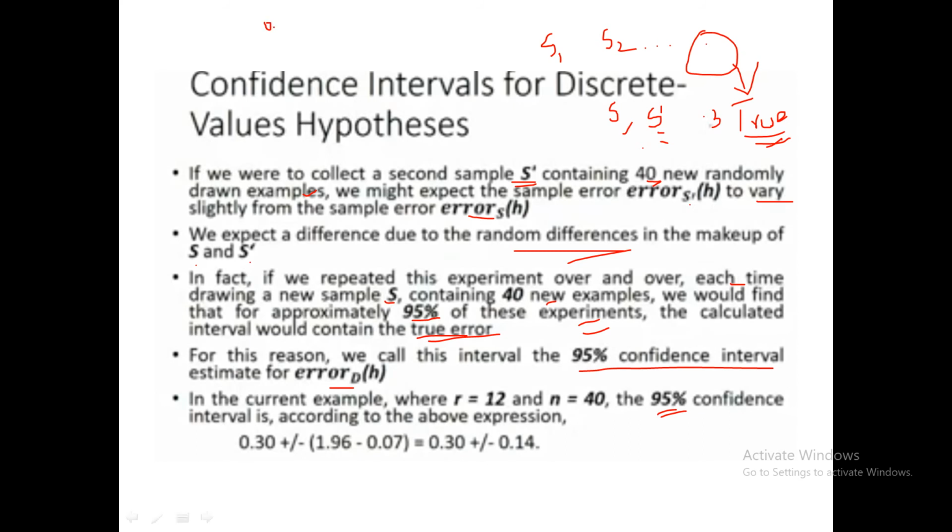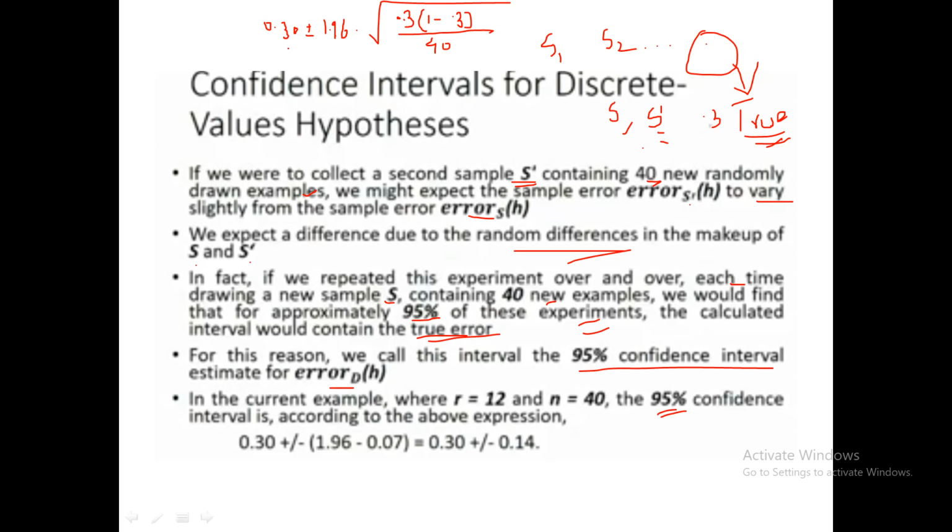What you calculated, 0.3, right? So 0.3 plus or minus 1.96 multiplied with the square root of sample error, which is 0.3, into 1 minus the sample error, 0.3, divided by n. What is n? 40. So your true error will lie in this 95% confidence interval.